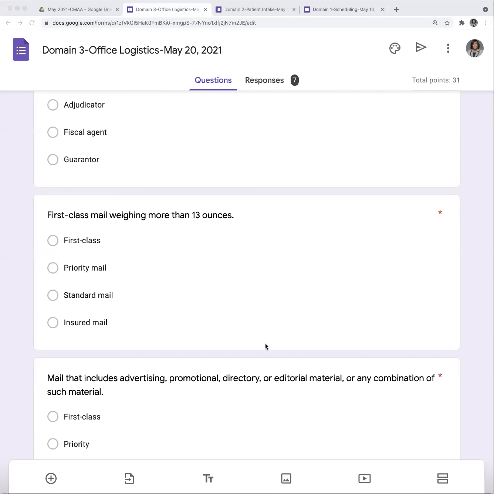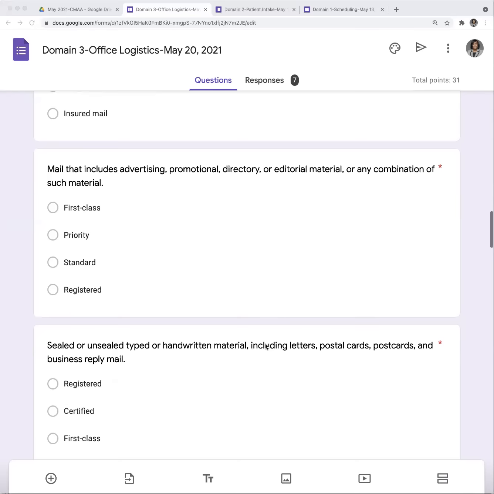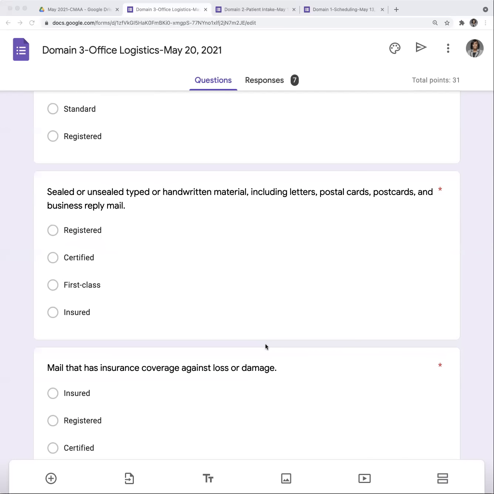First class mail weighing more than 13 ounces. Priority mail. Mail that includes advertising, promotional, editorial. Standard. They call it standard, I call it junk mail. Sealed or unsealed, typed or handwritten material, including letters, postcards, business.